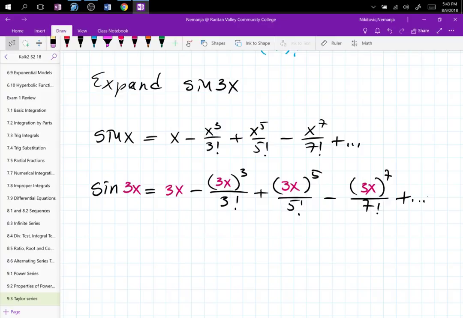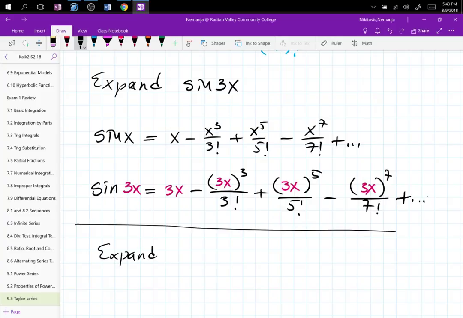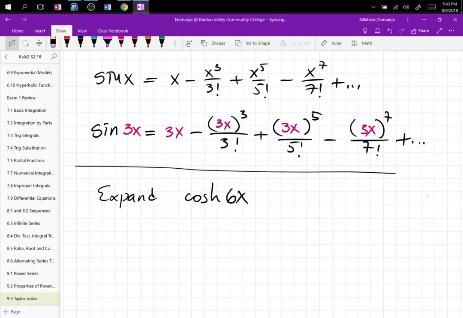What is cosine hyperbolic? They say 3x again. Cosine hyperbolic. So we have expand cosine hyperbolic. Let's go 6x, whatever. Well, you start with the cosine hyperbolic expansion. Now, sine and cosine hyperbolics do not have sign alternation.